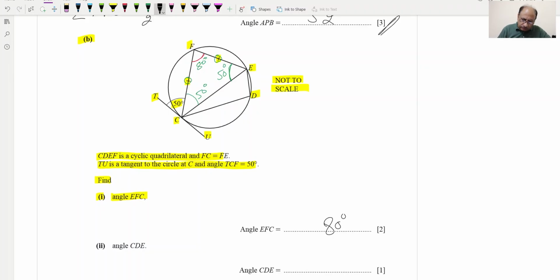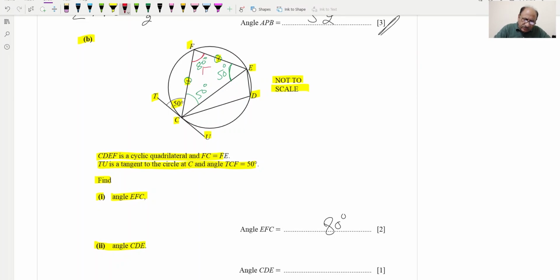Now on the diagram I have mentioned the detail also, and for the second part they're asking for the angle CDE. In a cyclic quadrilateral, opposite angles, this angle and this angle, add up to 180 degrees.